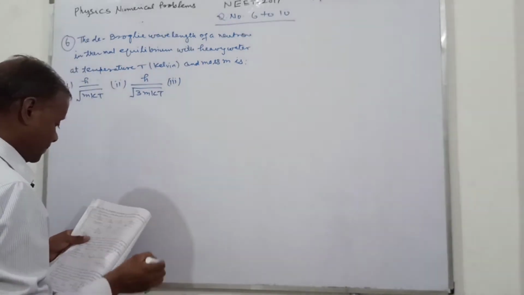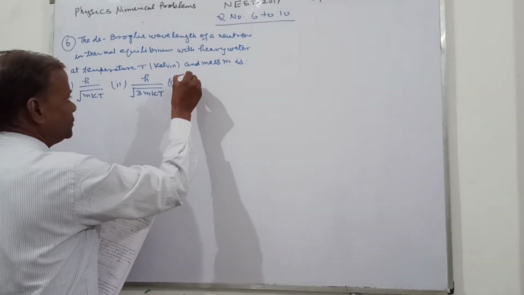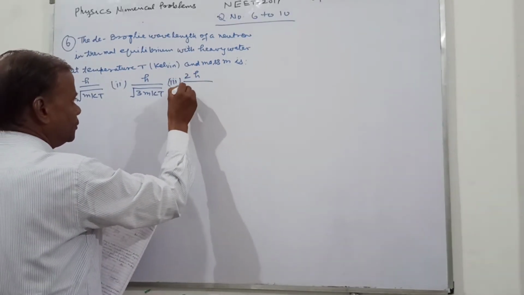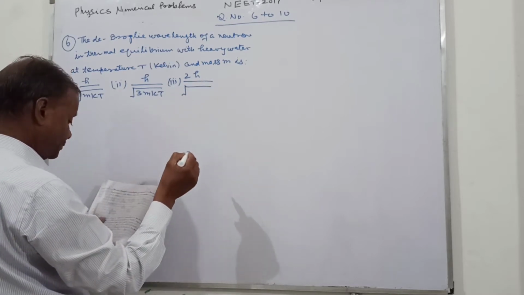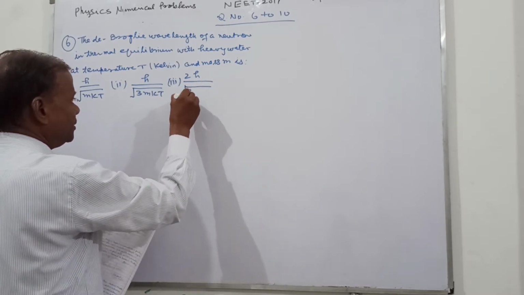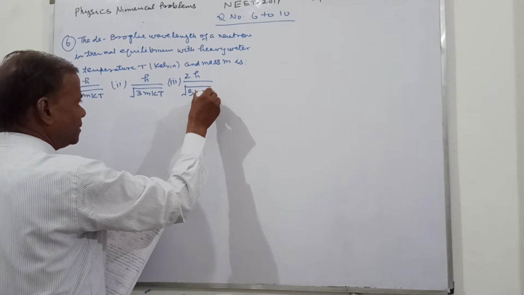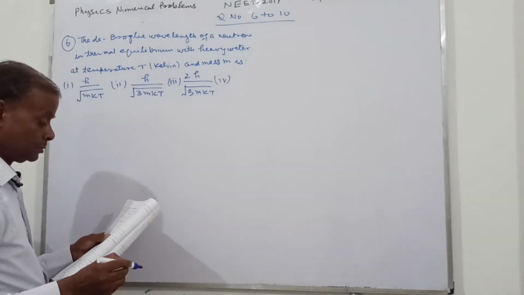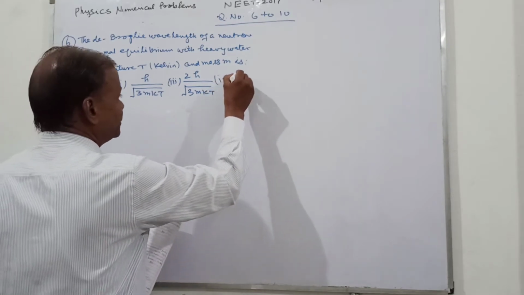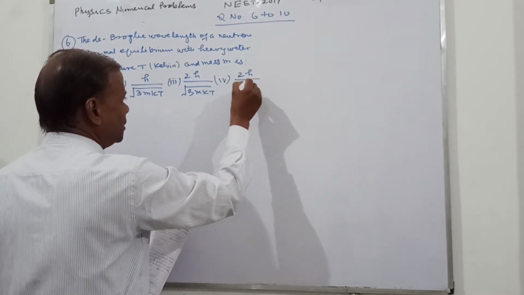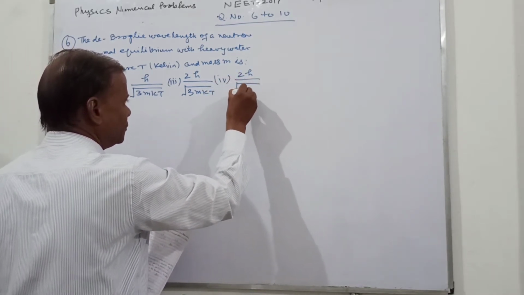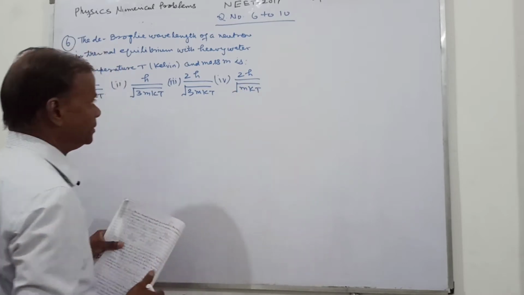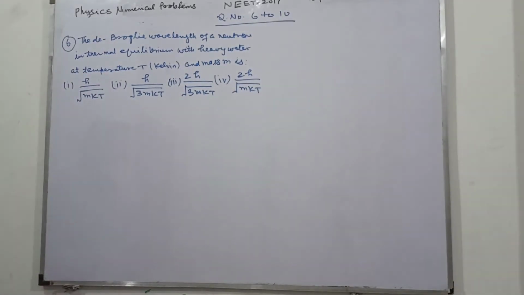Third option, 2h upon square root of 3mkT. And fourth, 2h upon square root of mkT. These are the options.